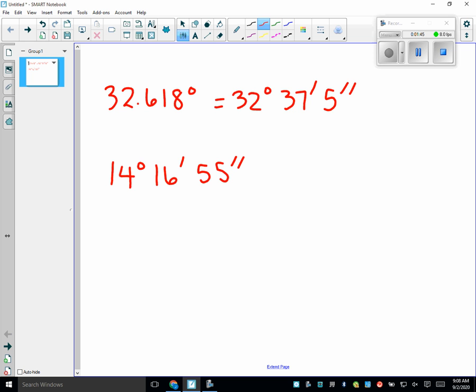Very good for remembering to say degrees. Do you all remember this? Now, when you do this tomorrow, this should be pretty easy points, shouldn't it? This is just getting them around, right?